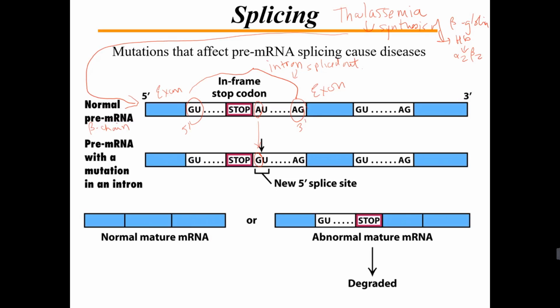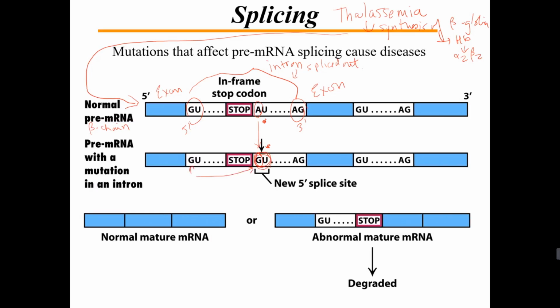However, when we get this mutation happening, going from the A to the G, what actually happens is that we introduce a new 5' splice site. So we can see it here, at GU. So not only do we have one here, we now have a second one within the intron.